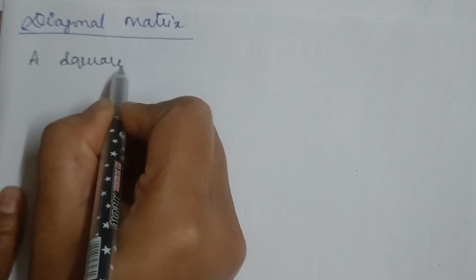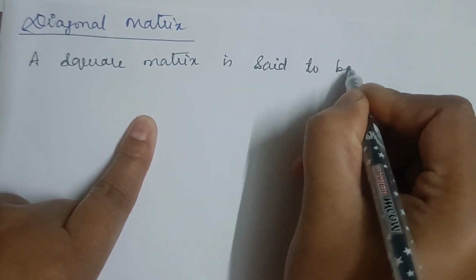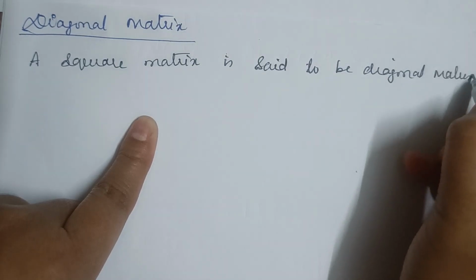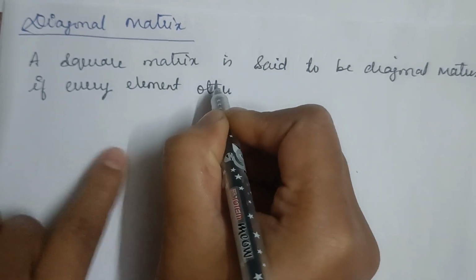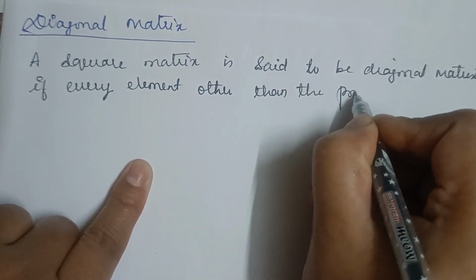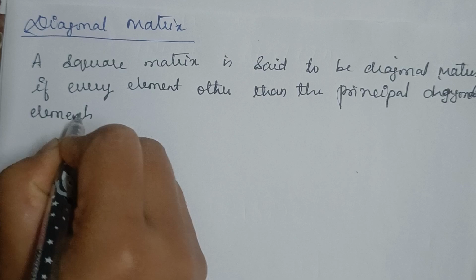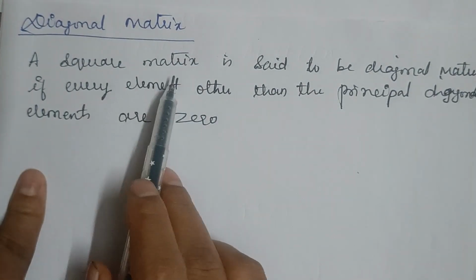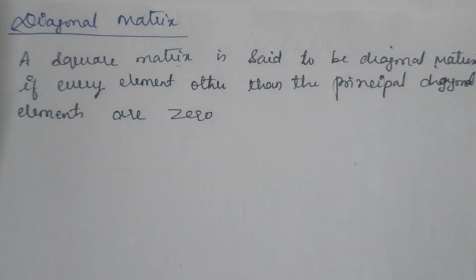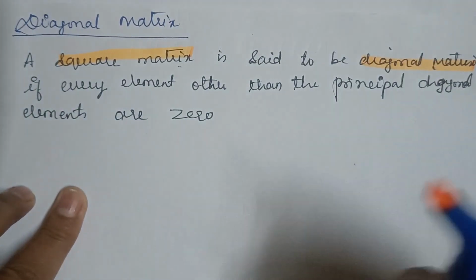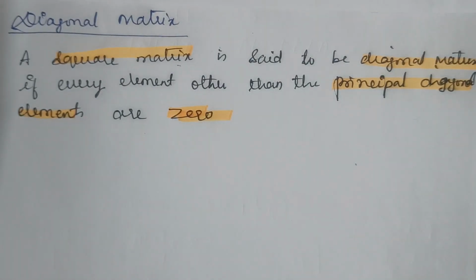A square matrix is said to be a diagonal matrix if every element other than the principal diagonal elements is 0. So it has to be a square matrix. A square matrix is said to be a diagonal matrix if every element other than the principal diagonal elements is 0. For example, I'll write down an example here.